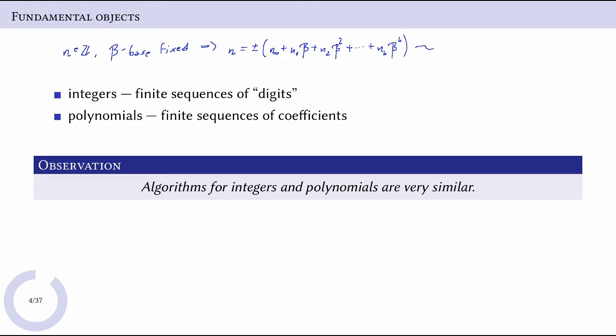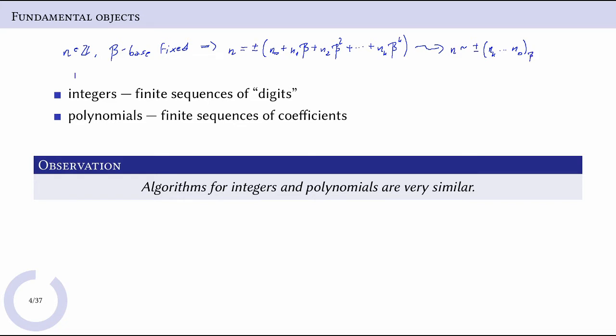So again, internally, from the point of view of symbolic computation, computer algebra, n is represented as a sign, this is plus or minus, and a sequence of coefficients. We can write it, usually we start with the leading coefficient, leading digit, and we end here with base beta.